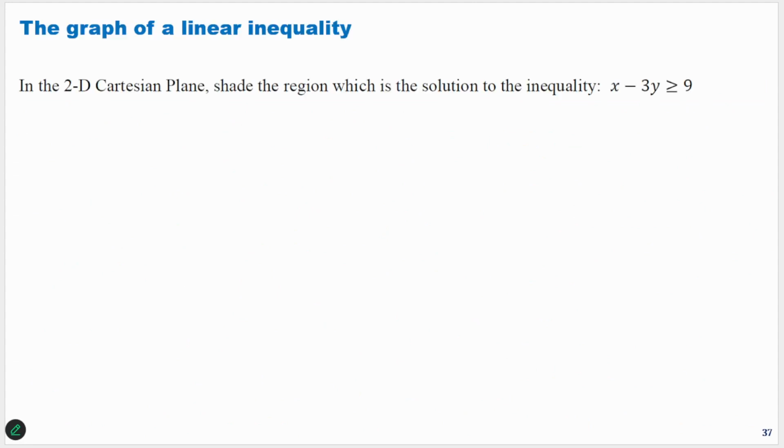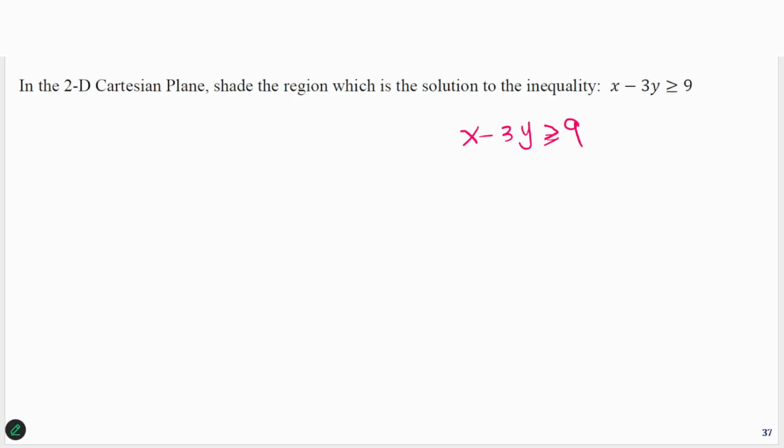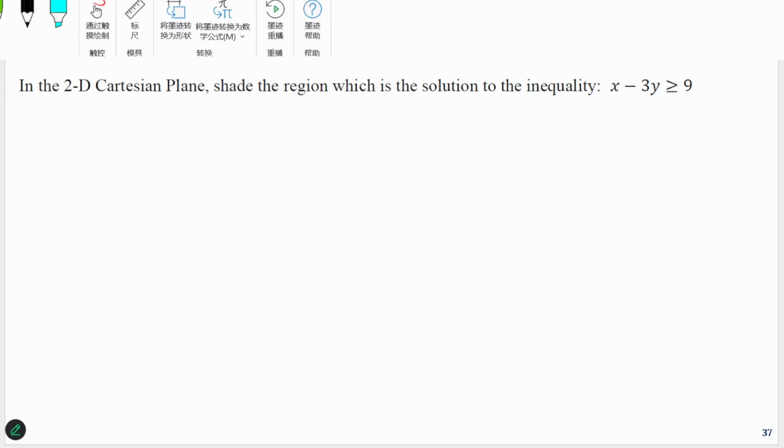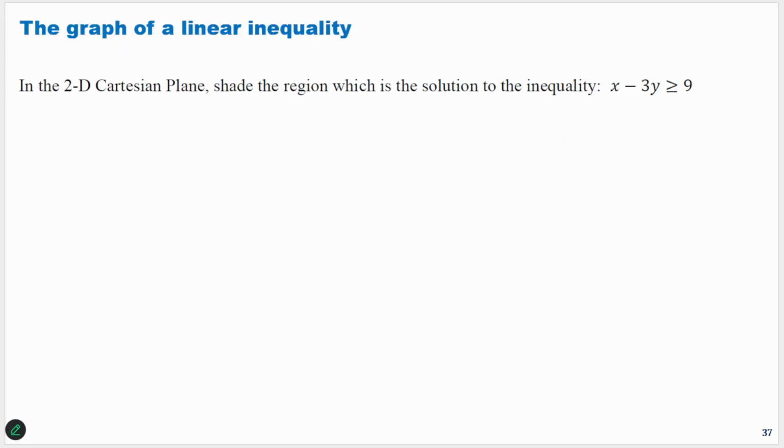So next, let's have a look at how you can graph a linear inequality. So you already know how to graph something like this, x minus 3y equals 9. That's actually a line, right? So how about if I change the equality symbol to greater than or equal to? What does this graph look like? Do you want me to try it? Yes, please. Have you studied this before? Yeah. That's actually a region, right?